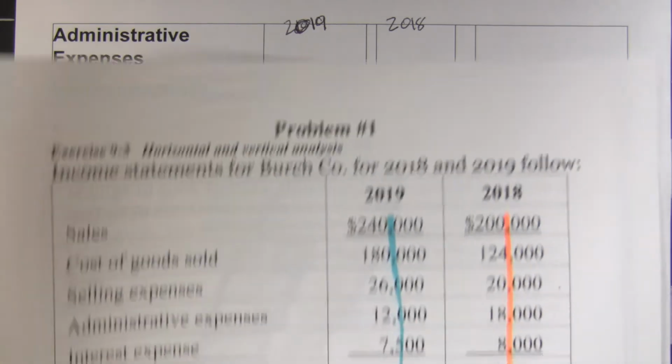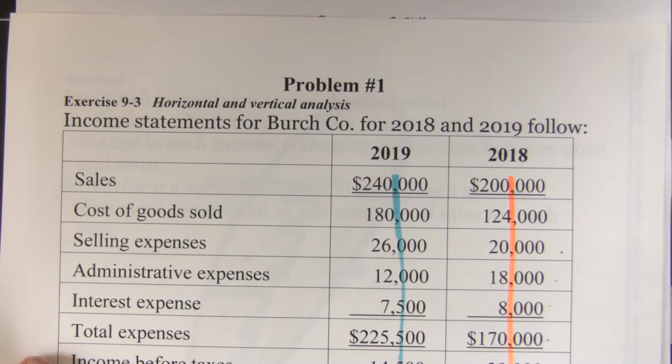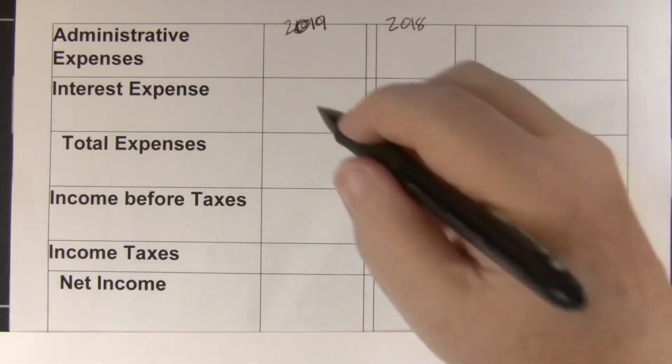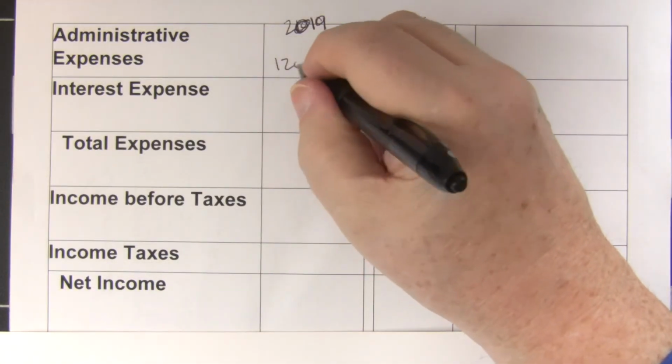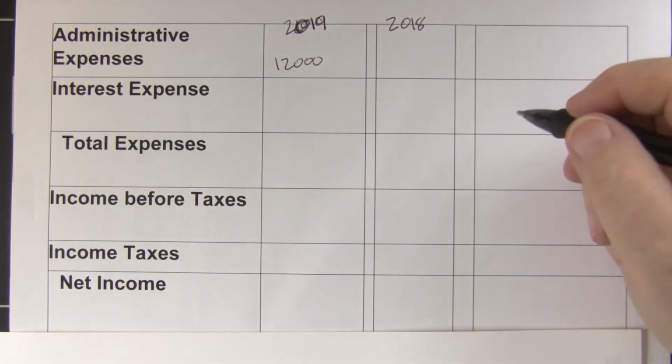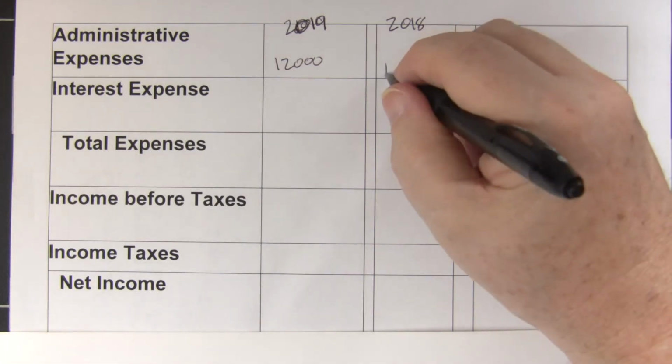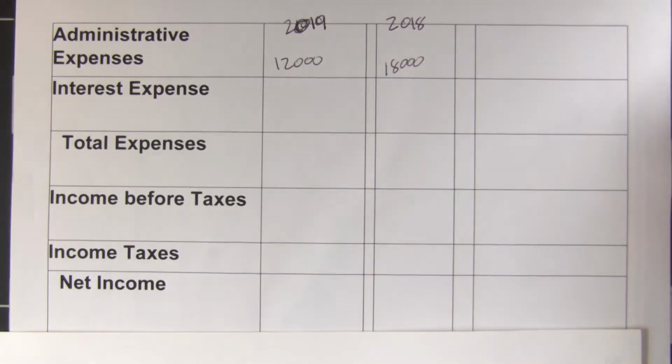The administrative expenses were 12,000 this year. Last year, admin expenses were 18,000.